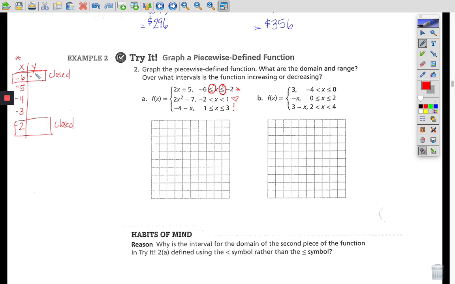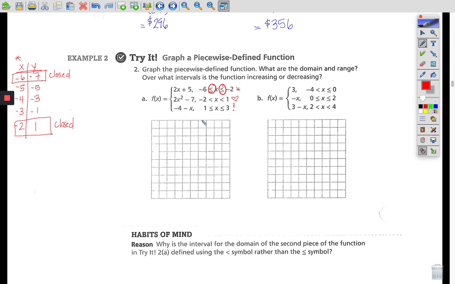So -7, -5, -3, -1, and 1. Well, they didn't do a good job. I wish they would draw the axes on the graph for us. But they don't.